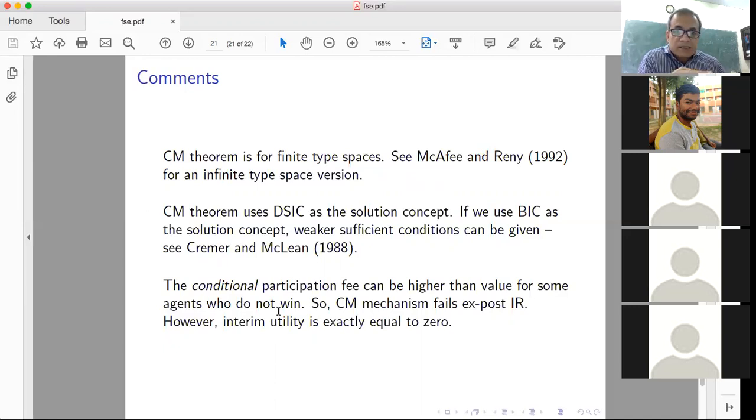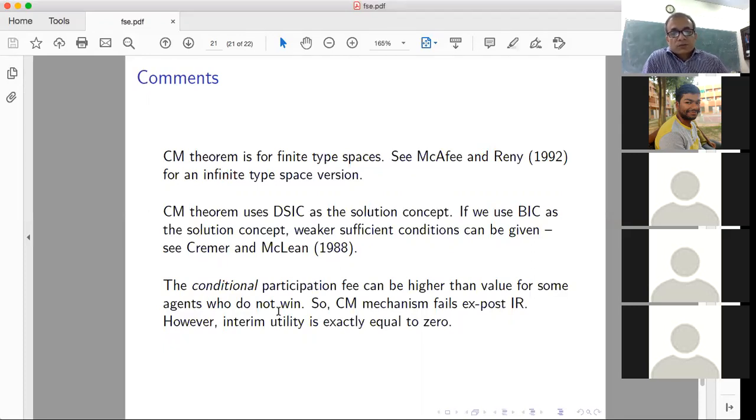As an exercise, you may want to take a particular kind of prior and construct an example where ex post IR fails, but by looking at the mechanism, it's quite clear that it will fail ex post IR. However, notice that the interim utility of every agent of every type is equal to 0, so interim IR will be satisfied.